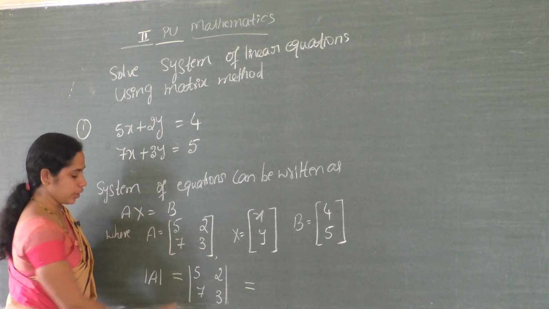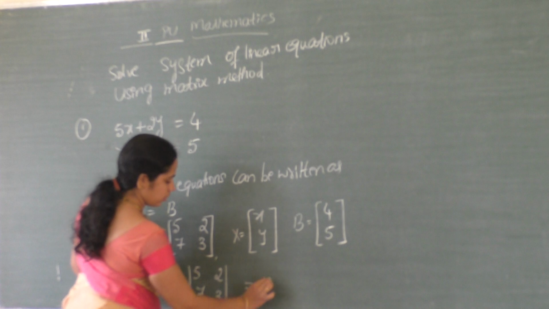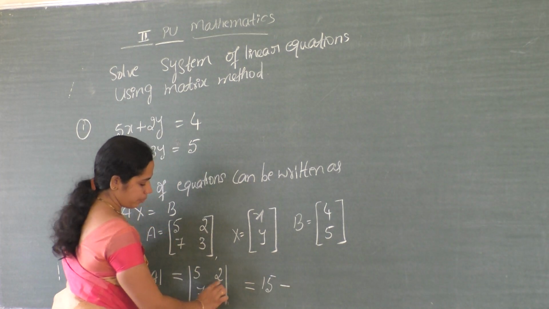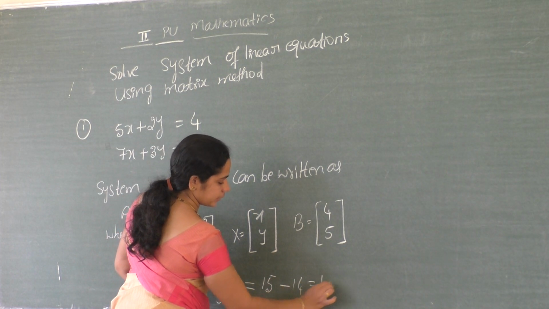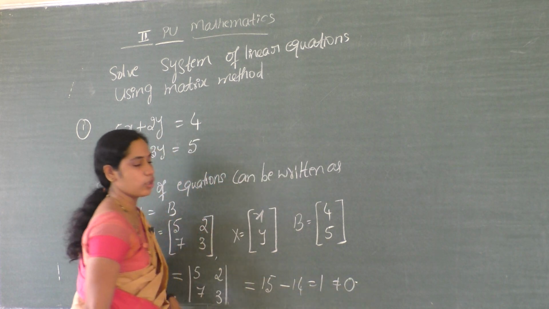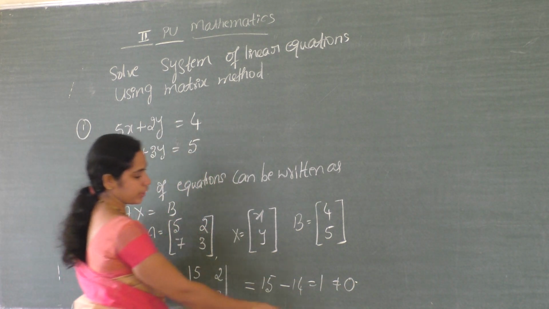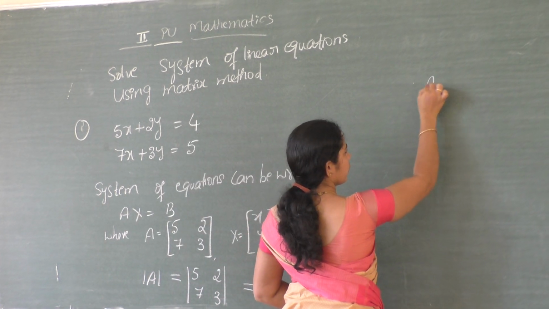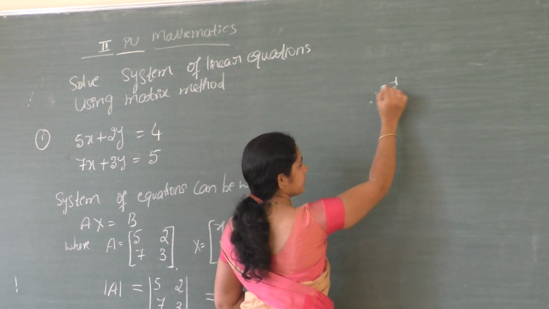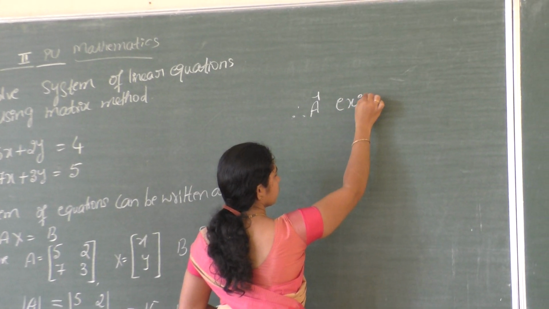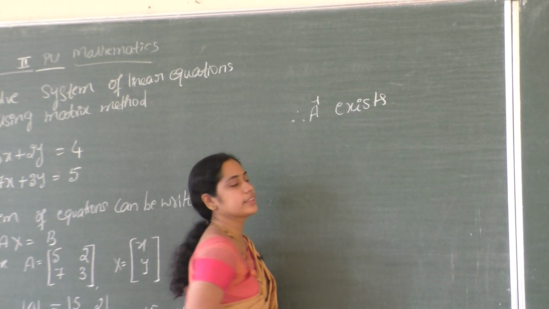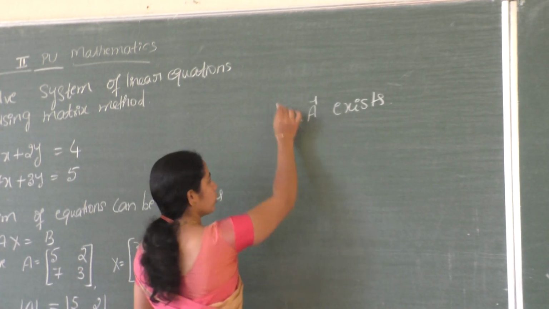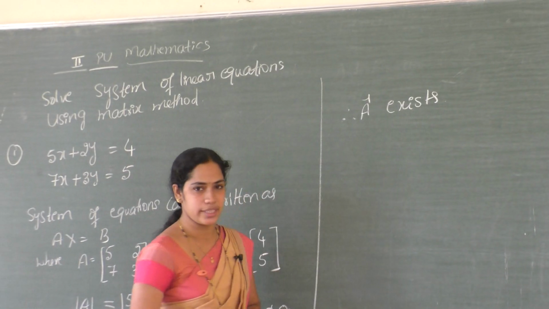This is equal to determinant 3 minus 14. Determinant of A is not 0, therefore A inverse exists here.